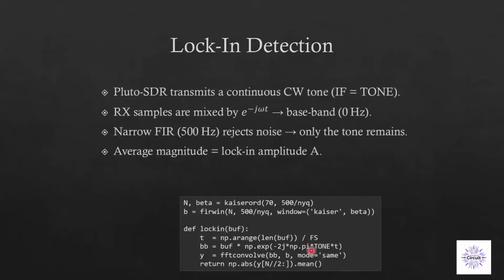Then we multiply the inverse of the baseband sine tone we created to the received data, and then we make a very narrow low pass filter to eliminate all the noises, especially thermal noises, and measure the amplitude.